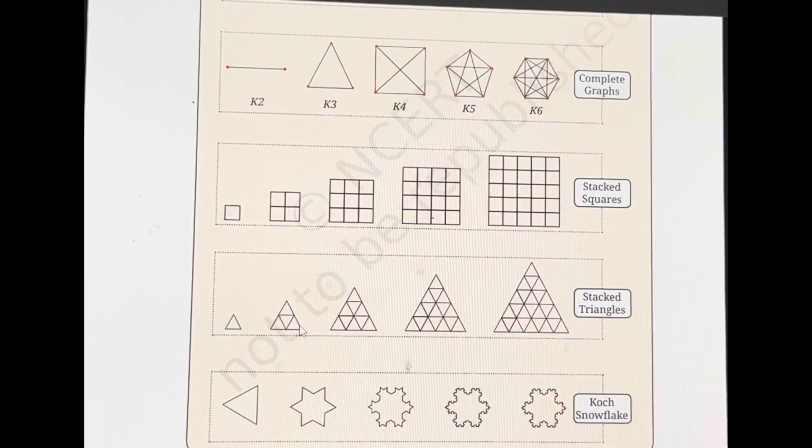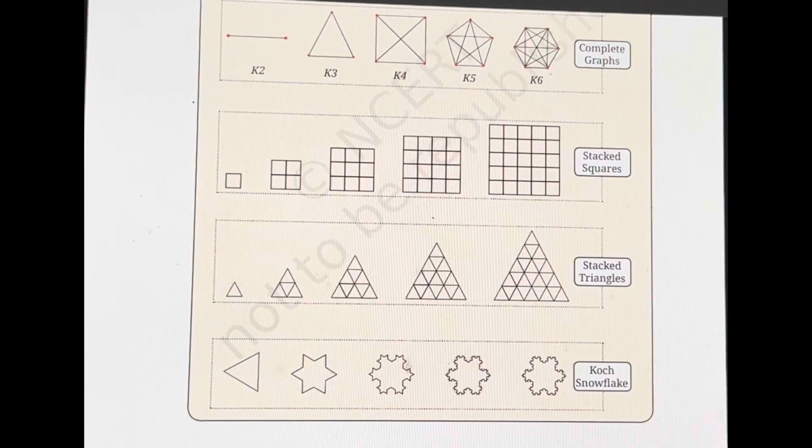We are not talking about all the triangles, or the same way, not all the squares in this particular one. We are just talking about the small squares or the small triangles. So these are stacked triangles. So if you count, then it is 1, 4, 9, 16, 25, and so on. I'll explain this in detail, but we'll just first go through the picture.